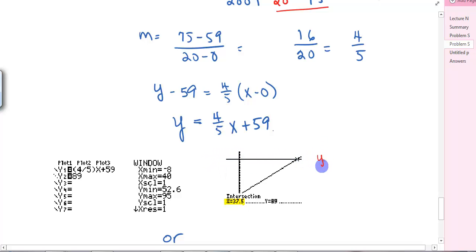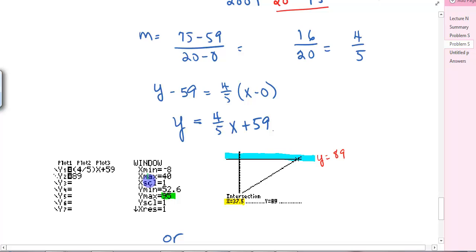Here's y equals 89. That's the horizontal line right here. And here's our line that we created. Now, you're going to have to change your window. If you're looking at y2 to be 89, then your y max is going to have to be bigger than 89. And see that I made it 95 just to get it big enough.